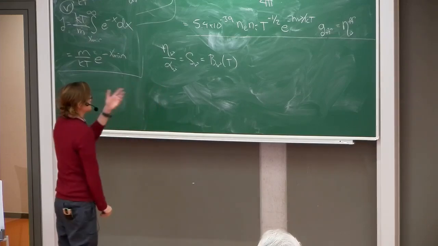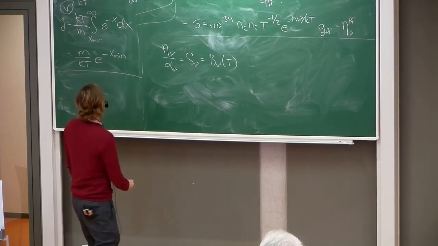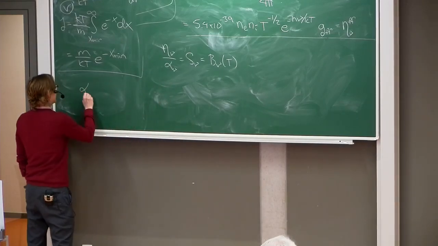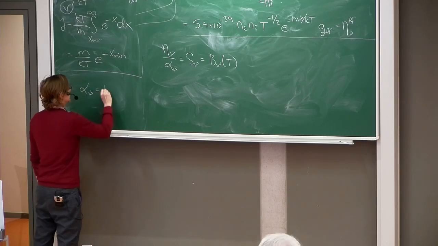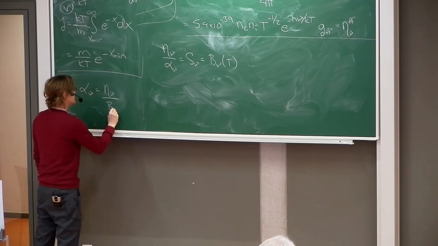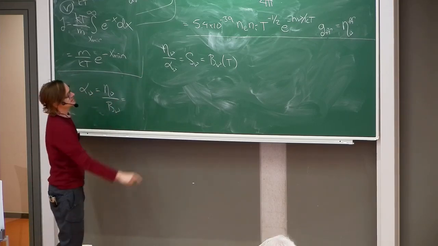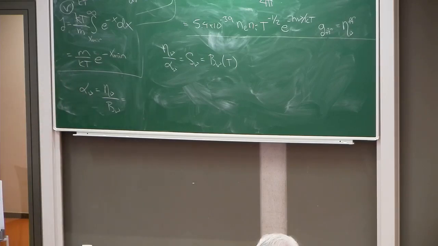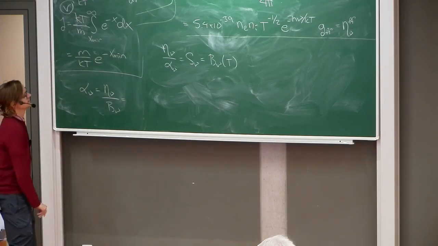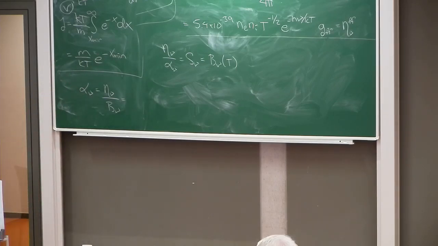So we can just write down that alpha nu is going to be eta nu divided by B nu. So that's just this expression over there, which has some stuff in it.